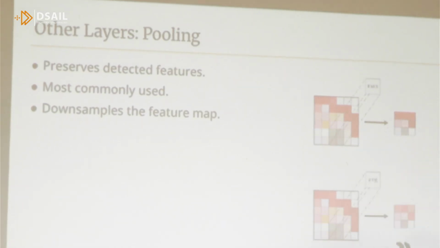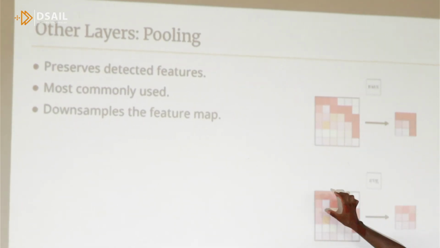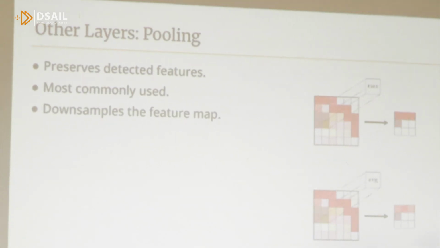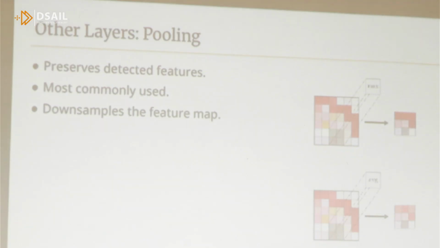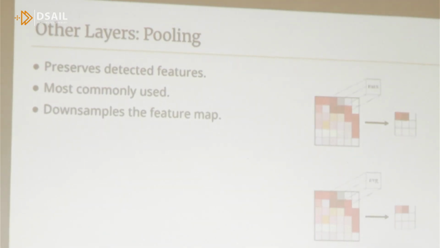If it is average, it takes the 4, does an average of the 4, and then outputs that. Are you together? So you do convolution, and on the output of a convolution, you do pooling. It'll either be average or maximum, at least those are the most common ones. And the idea is it preserves detected features.